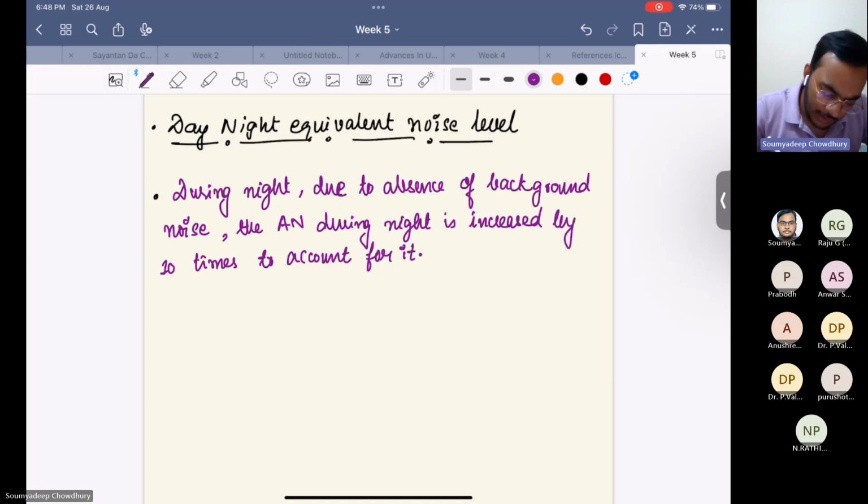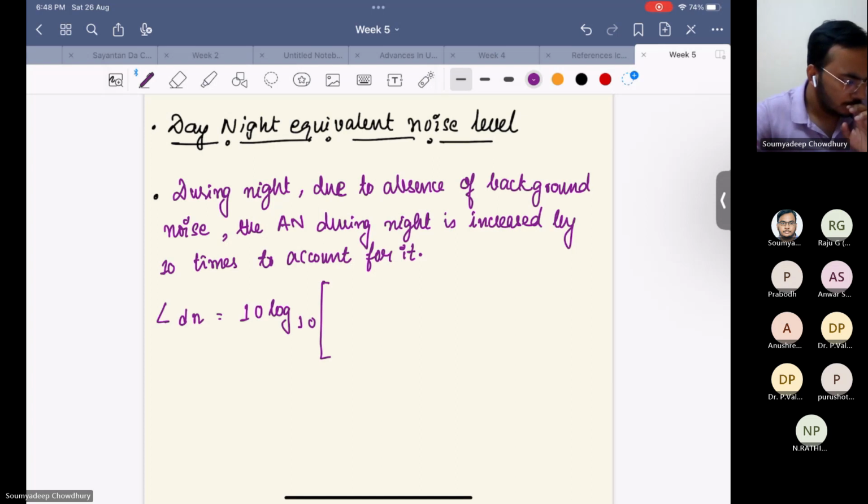The day-night equivalent noise level is given by LDN. I'll write the formula first, then I'll explain. It is a bigger equation, you can note it down.